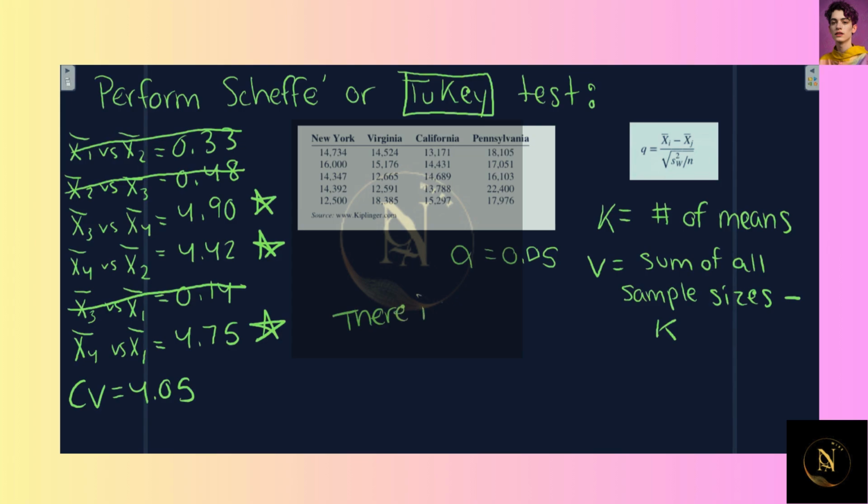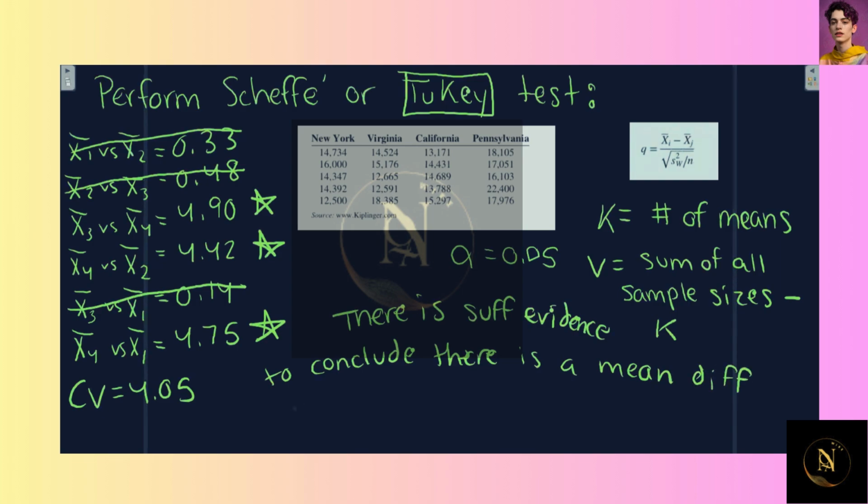So there is sufficient evidence to conclude there is a mean difference between pairs 3 and 4, 4 and 2, and 4 and 1.